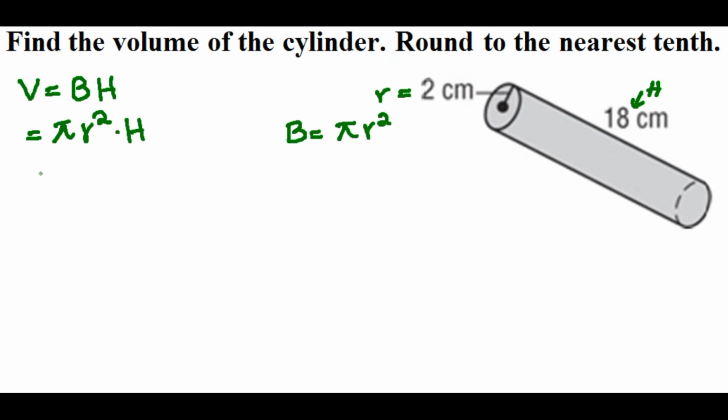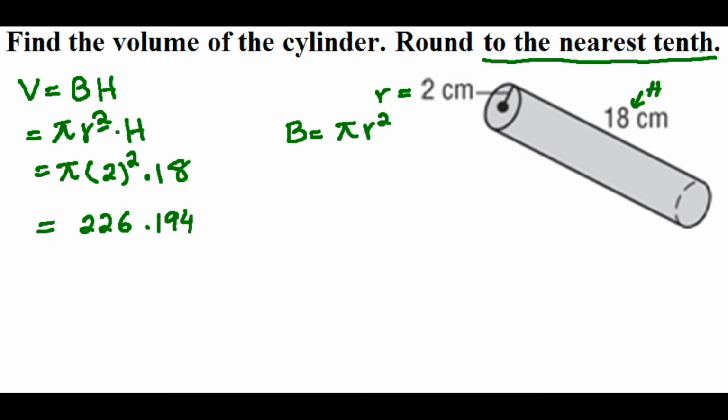Okay, so for the volume of the cylinder we need the radius and height only, and we can find the volume. Let's substitute. Pi times r is 2 squared, times h is 18, and now you can use the calculator. The answer on the calculator is 226.194, but the answer needs to be rounded to the nearest tenth.